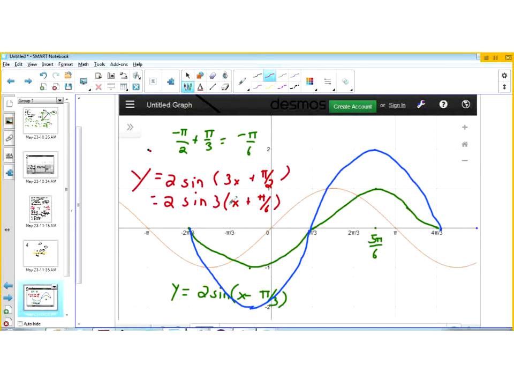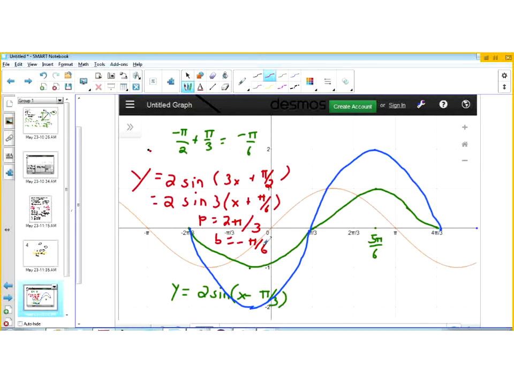Okay, so you would graph a graph with period of 2 pi over 3, and it would be left shifted pi 6, left shift pi 6. So period is 2 pi over 3. And the phase shift, B, is equal to negative pi 6.